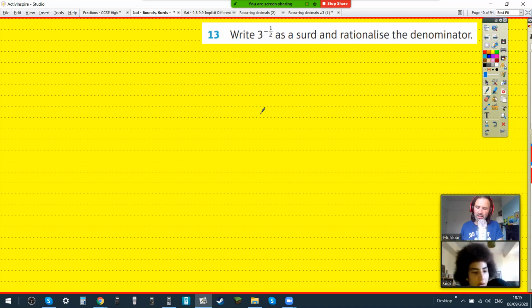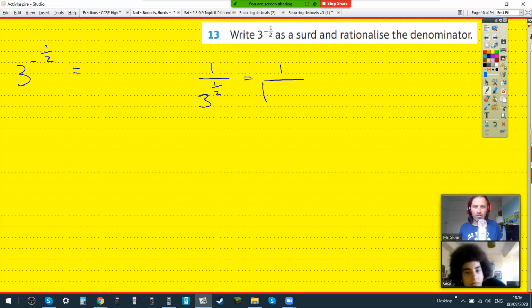I believe that is the same as 1 over 3 to the half. Do you know what to the power of a half means? It means square root. Oh, yeah. So that is 1 over root 3. And so what is that rationalized?